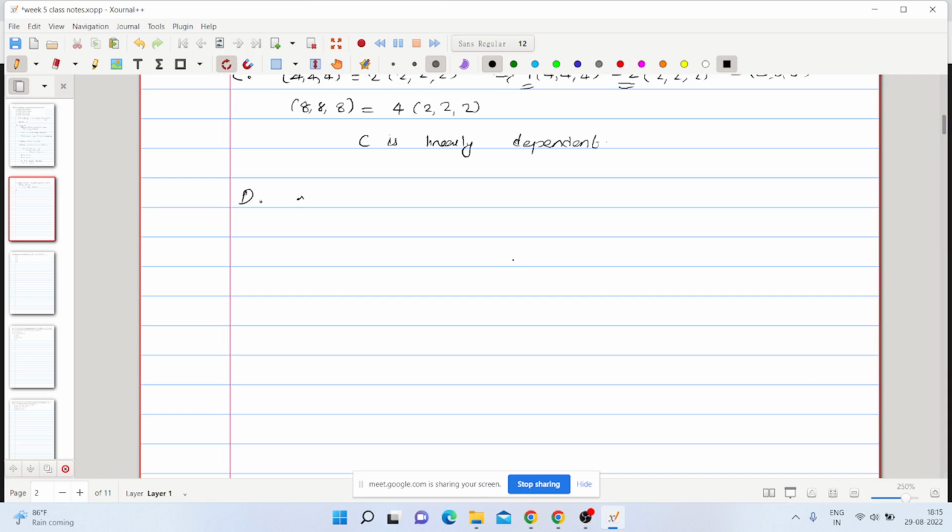D is the set (5, 5, 0), (5, 0, 0), (0, 5, 0). Now I am writing (5, 5, 0) equals (5, 0, 0) plus (0, 5, 0). Now what do you think, whether it is linearly dependent or independent?